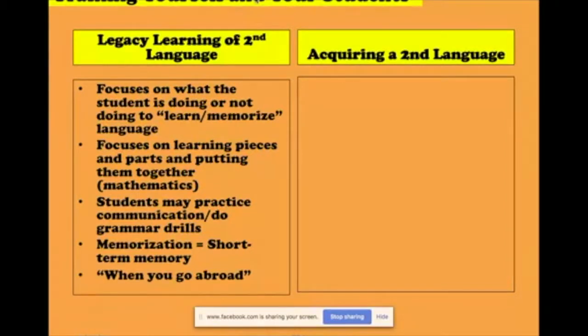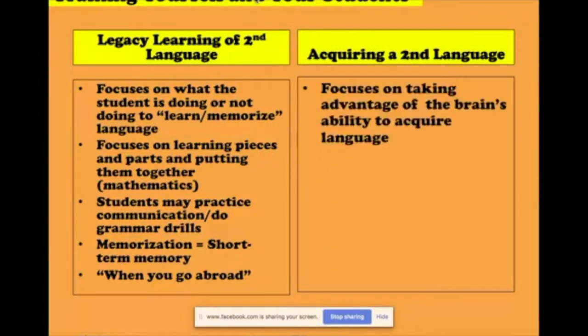And there's this other philosophy of, oh yeah, you'll learn how to communicate when you go abroad. I know that's how many of us current teachers learned a language, and we learned when we did go abroad, and it took us a couple of months. That's more legacy teaching.